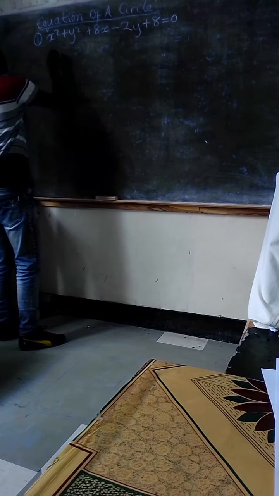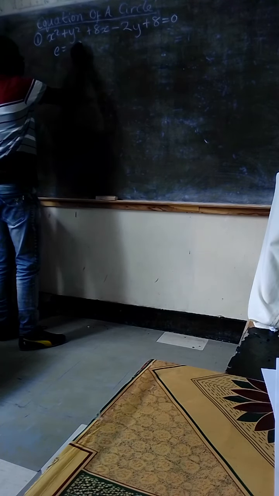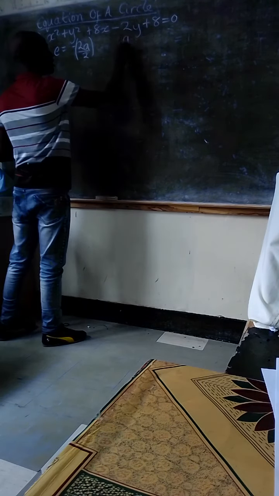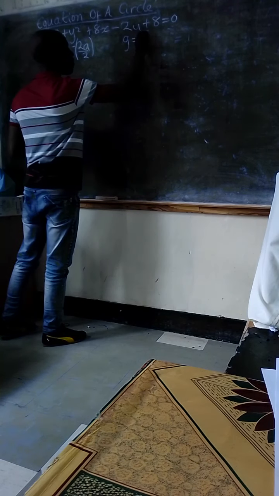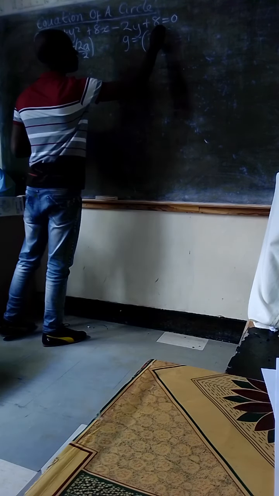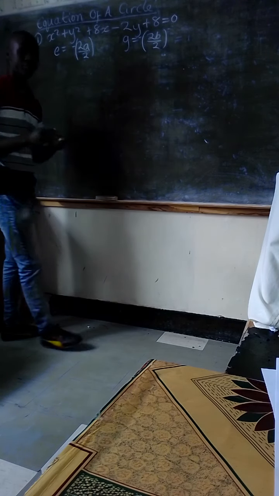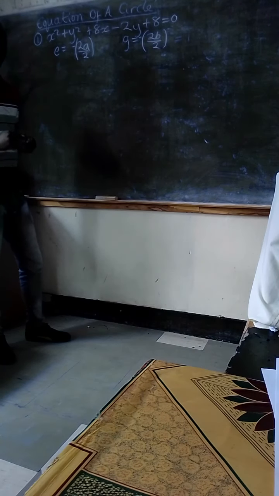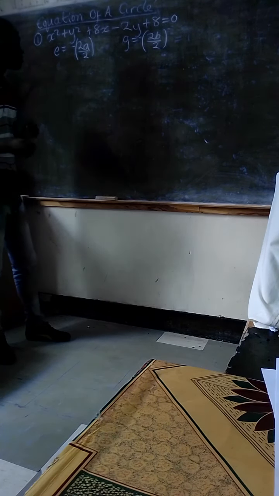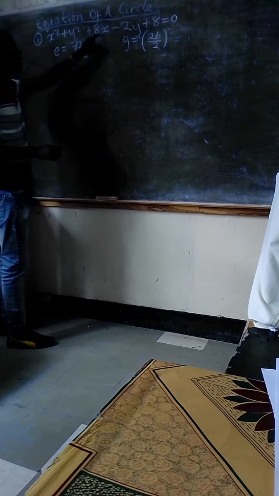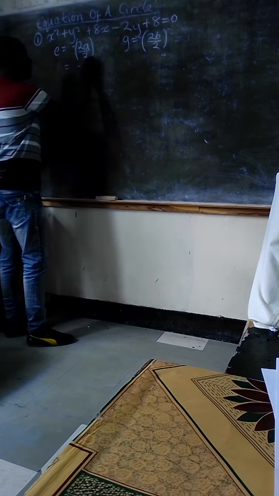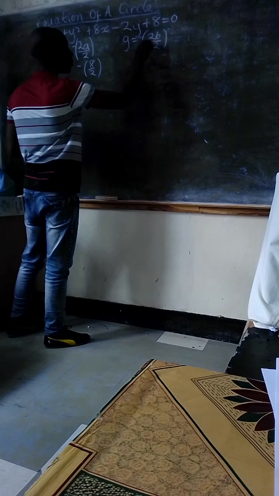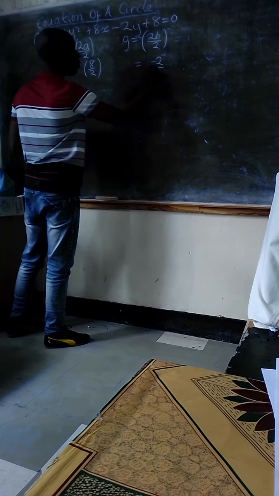So I'll say e is equal to negative 2a divided by 2, and g is equal to negative 2b over 2. b is the coefficient of y, a is the coefficient of x. So I substitute. The coefficient of x is 8, so I'll have 8 over 2, and here the coefficient of b is negative 2.